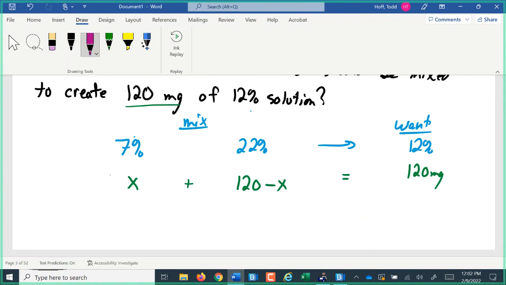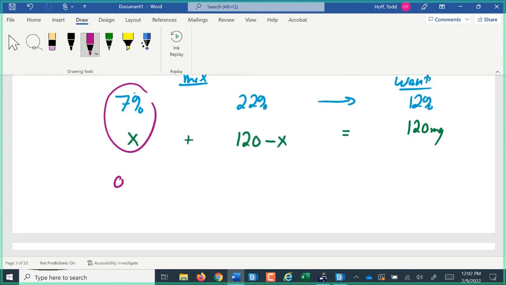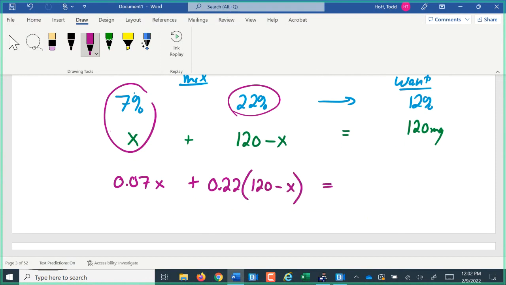Now we can write our equation for our solute. Concentration, 7% is 0.07 times x, plus here, concentration of 22% is 0.22 times the amount of 120 minus x, equals, over here we have a concentration of 12, so 0.12 times 120.